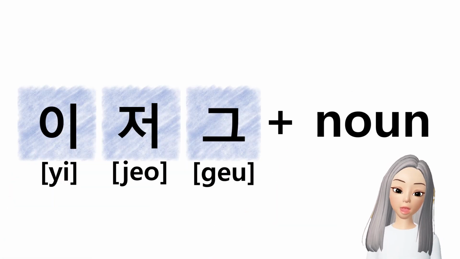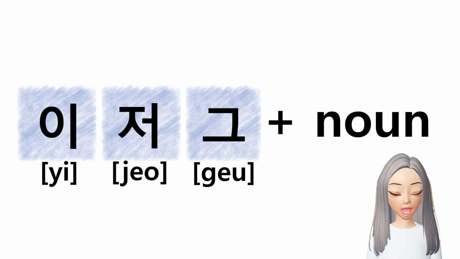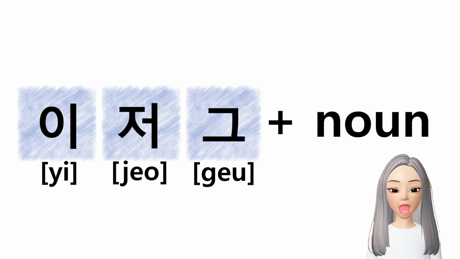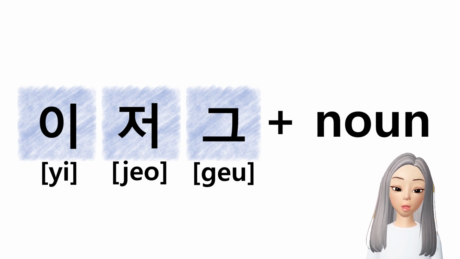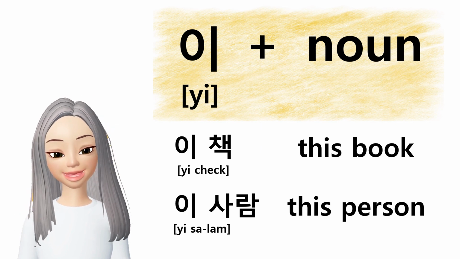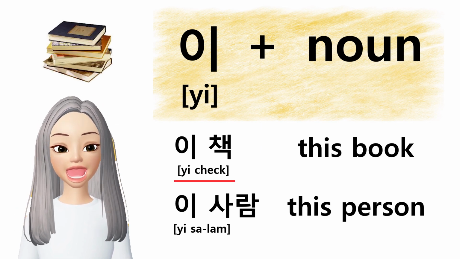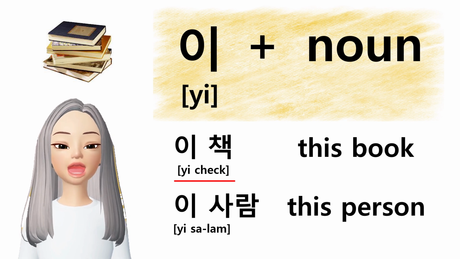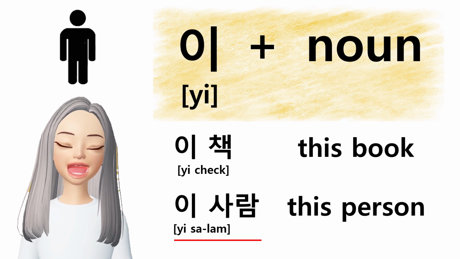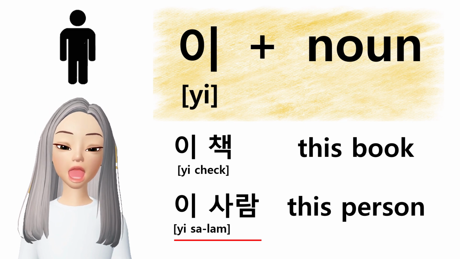One thing to remember is these demonstrative pronouns 이, 저, 그 are not used alone by themselves. They always come with a noun behind them. For example, for 이, you can say 이 책 to say this book. Or you can also say 이 사람 for this person.